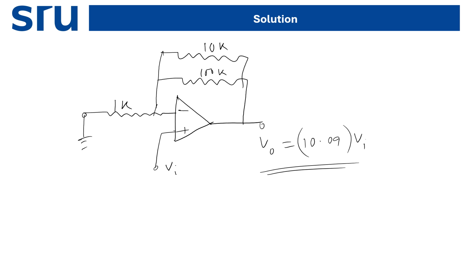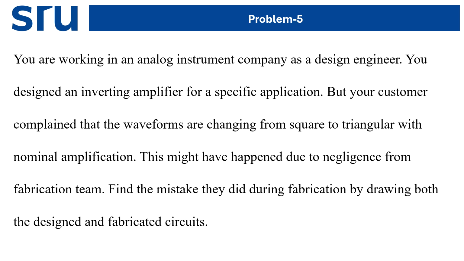Okay, let's see our fifth problem, and that will be our last problem for today. The problem is saying that you are designing an inverting amplifier for some specific application, right? Now by mistake your fabrication team made a mistake.